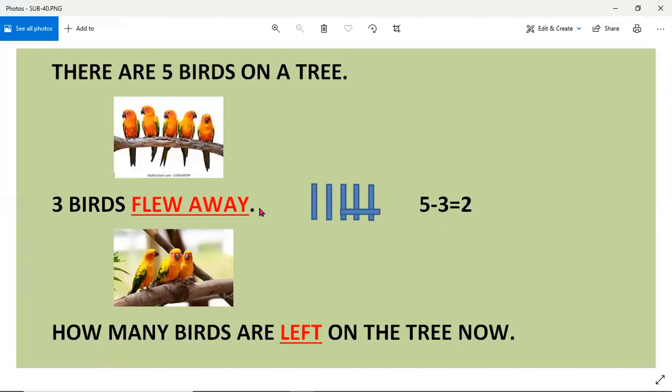So whenever such words are there, then you can say that this is the word problem of subtraction. So 3 birds flew away. How many birds are left on the tree now? So your signal words are flew away and left. So you had 5 birds on a tree, and out of which 3 flew away. So you are left with 1 and 2.